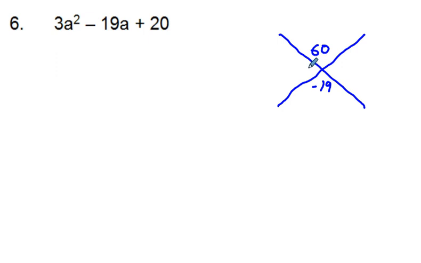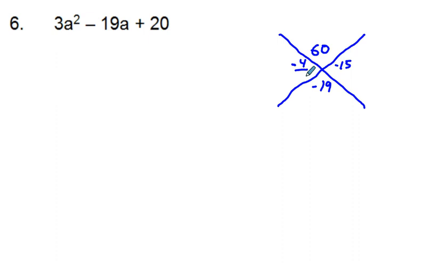So let's see. What about 4 and 15, right? How about negative 4 times negative 15? Because then when added together, we get our negative 19.